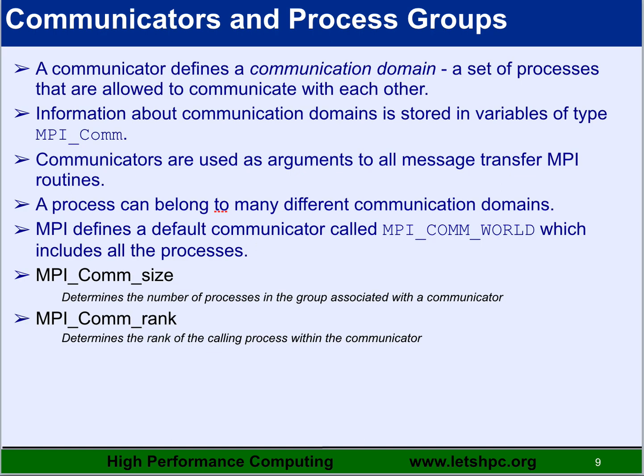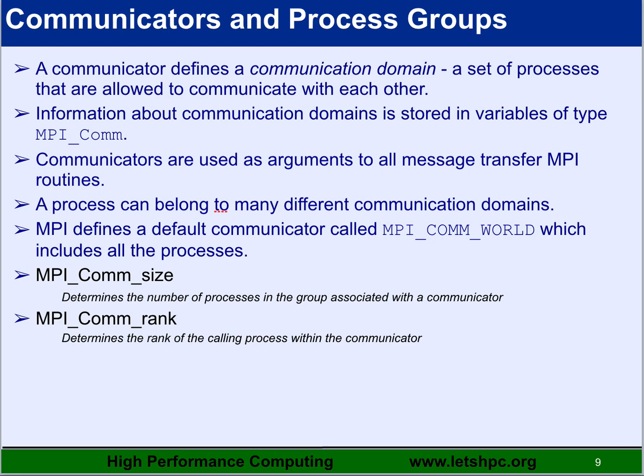In MPI, we are dealing with a set of processes, and we want to initiate some kind of communication among these processes. So we define a communicator. We also call it a communication domain, and this communication domain contains a set of processes that are allowed to communicate with each other.